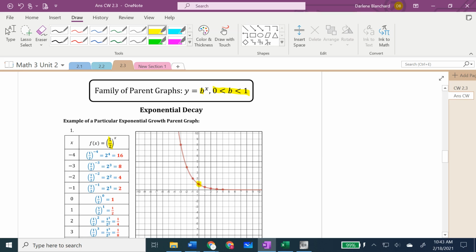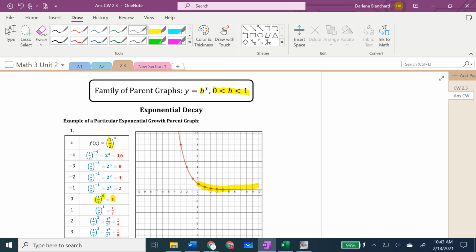They always go through the y-intercept of 1, with one minor exception that we're not going to talk about. Doesn't matter what the base is. If the exponent is 0, you're getting 1 out of it. But when that base is between 0 and 1, it decays as you head into those positive numbers instead of growing.